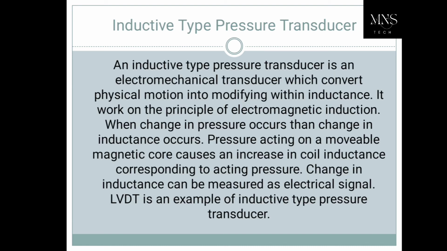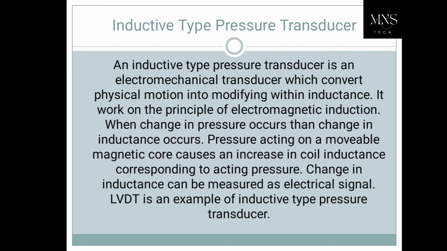Inductive type pressure transducer. An inductive type pressure transducer is an electromechanical transducer which converts physical motion into a modification within inductance. It works on the principle of electromagnetic induction. When a change in pressure occurs, then a change in inductance occurs.